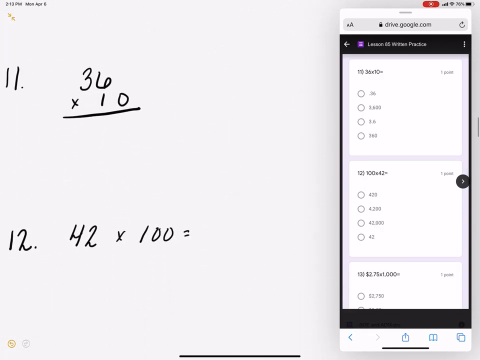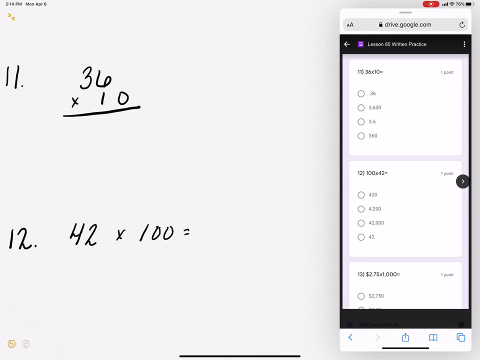11. We have 36 times 10. Remember, whenever you're multiplying by 10, just put a 0 on there. But we haven't had much practice with letting our 0 hang over like that. So I decided to show you like this one more time.